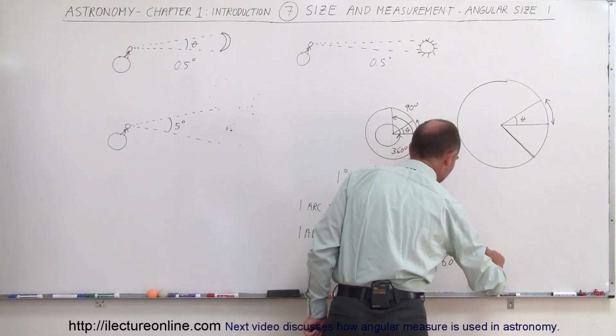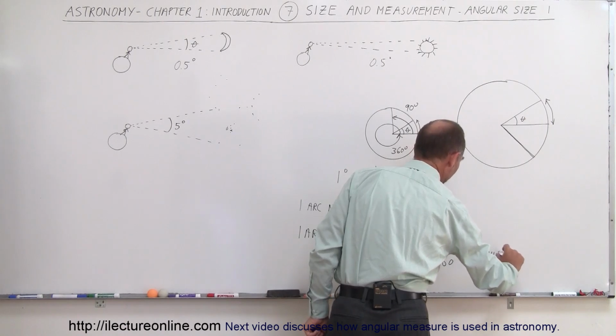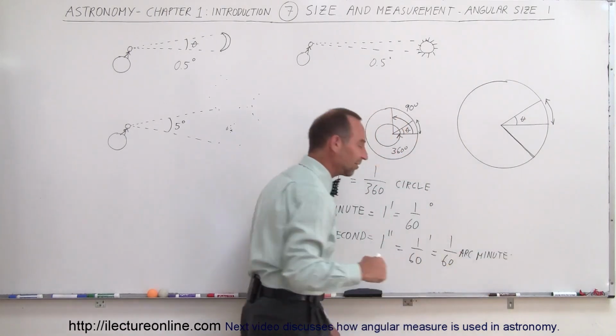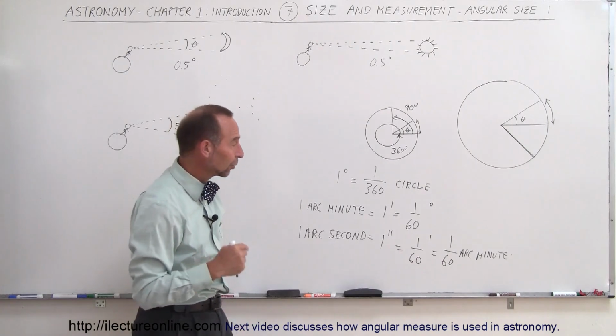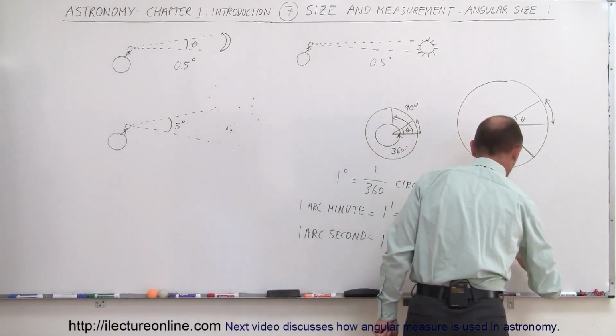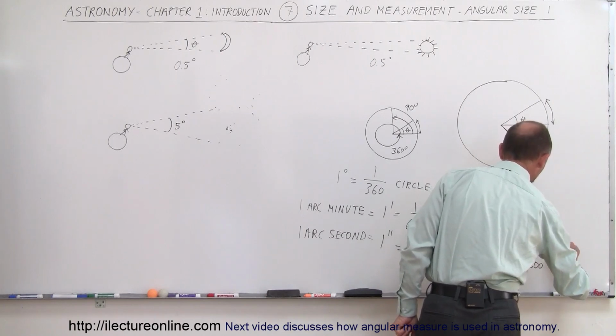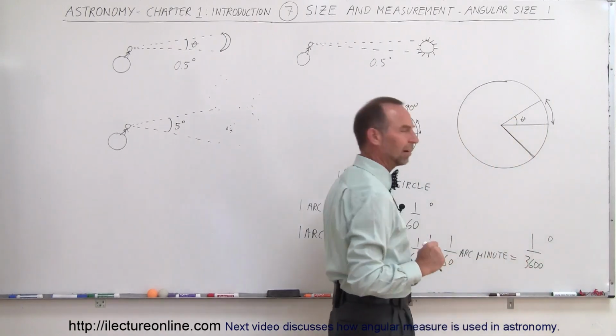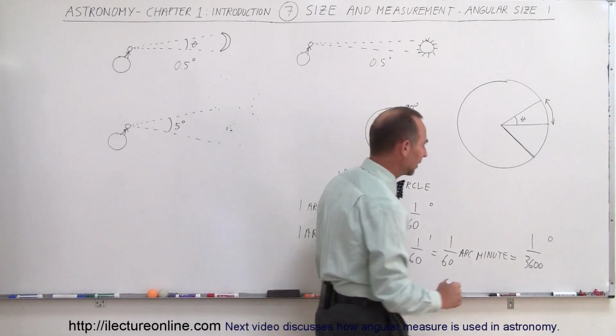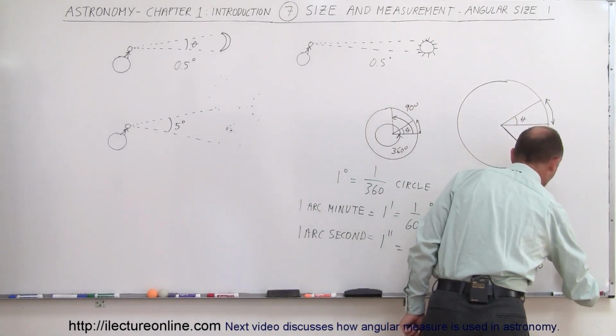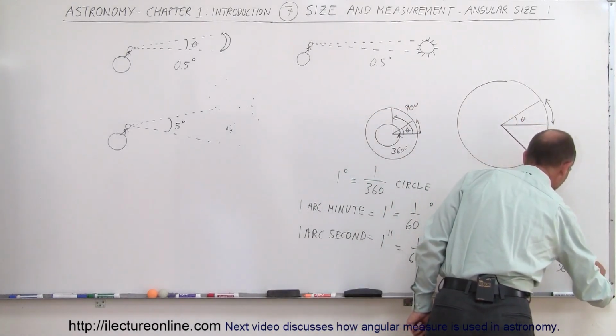So that's just a notation. I'll just write it out so you can see that. Since there's 60 arc minutes in a degree, this is equal to 1/3600 of 1 degree. I don't know if that makes sense to you when I write it like this, so maybe I'll write it like that again, 1/3600 of a degree.